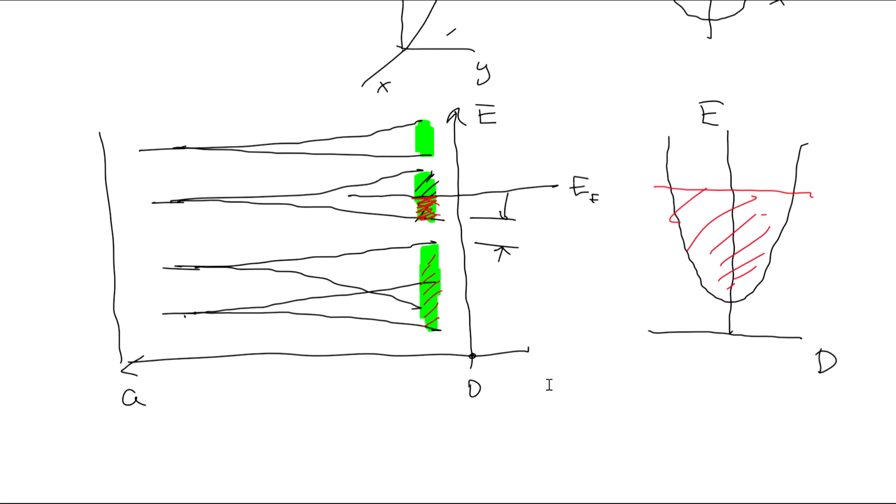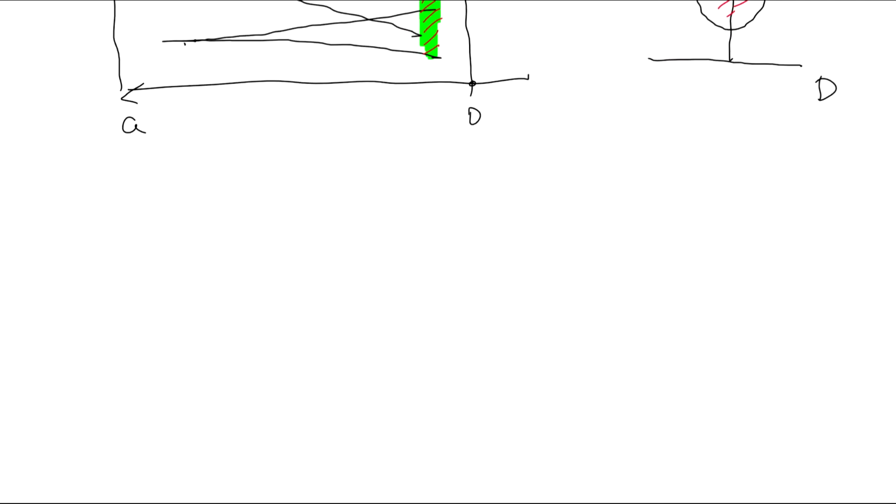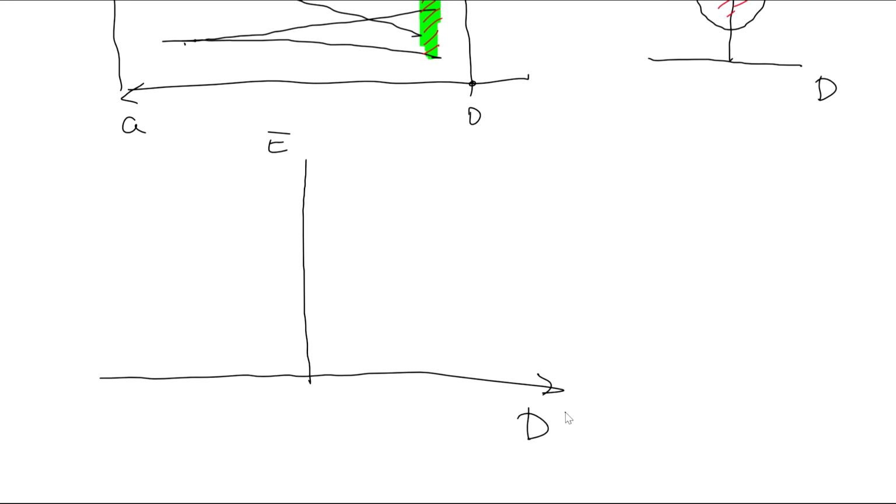Let me draw it in a different way. So we have energy, and this is energy as a function of density of states. Density of states is how many electrons you have per state, or how many electrons you have per energy interval.